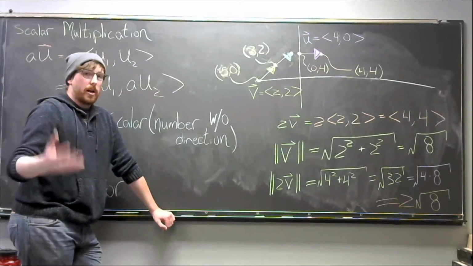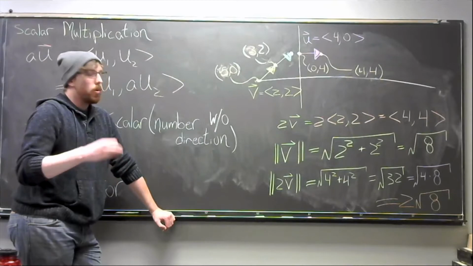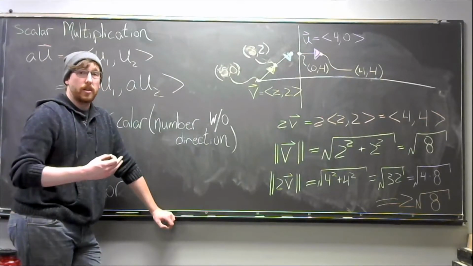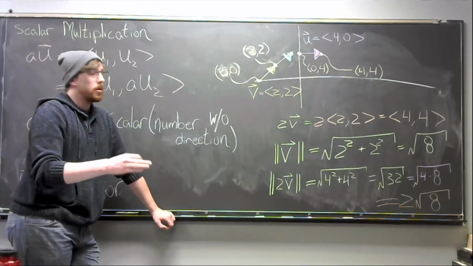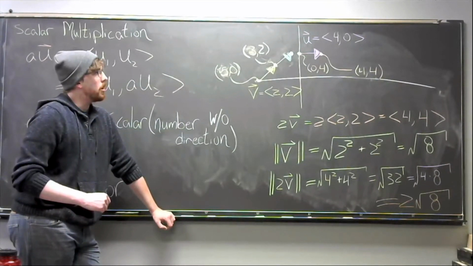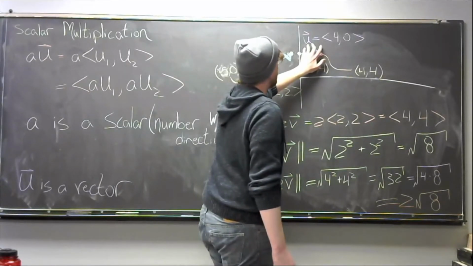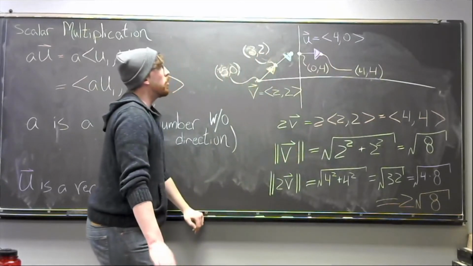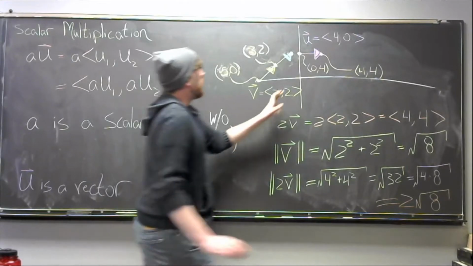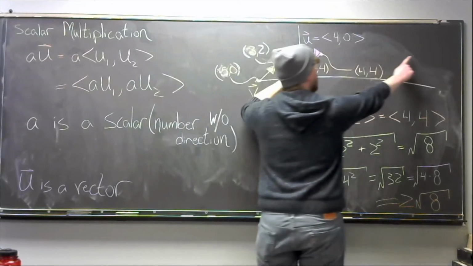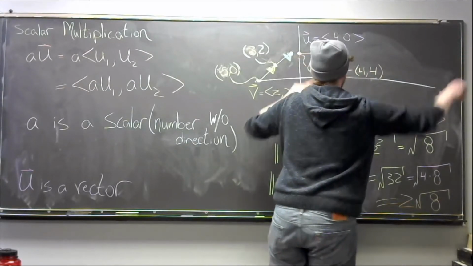So when we multiply a vector by a scalar, what we're doing is really stretching or compressing the vector in the direction that it's pointing. So in the case of u, if we were to multiply it by 3, well, we would take the vector and stretch it to be 3 times as long in the same direction.